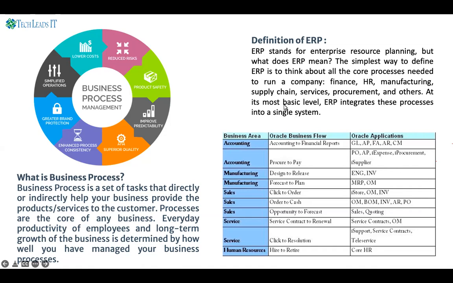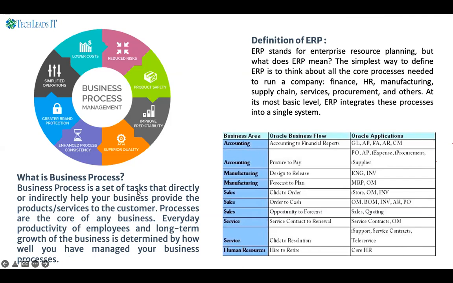To understand, it is the most basic level of integrations across different processes which are part of a system. You could see here the business process. A business process is nothing but a set of tasks that directly or indirectly help your business provide the product or services. What is the purpose of highlighting business processes?